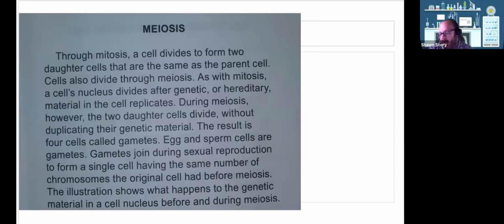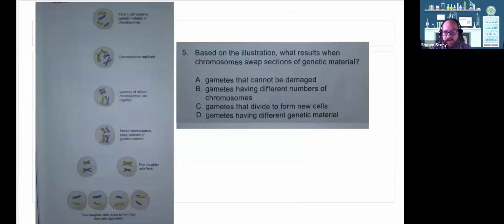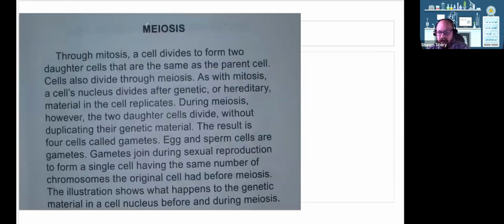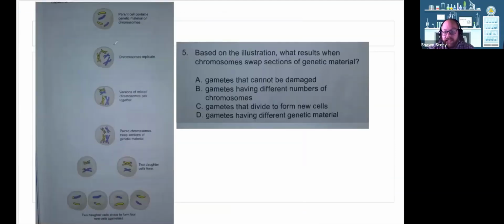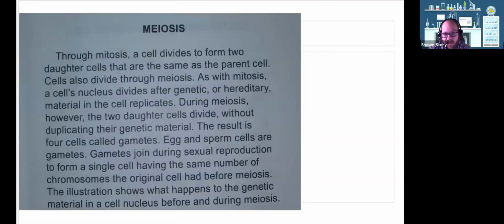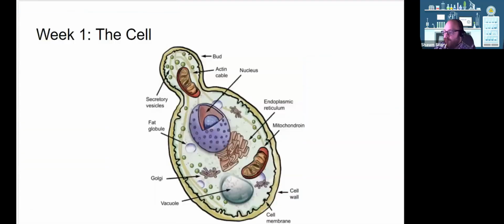We're not going to go to this reading because we don't have time, but it covers how we create sex cells and how we get the DNA from our parents, 50% from our mom and 50% from our dad, and how that mixing of DNA works. There's that reading, and then there's everything that is posted online. So that was our first week, all focusing on the cell, the human cell.